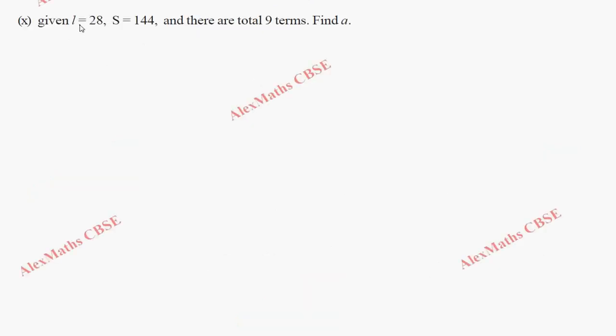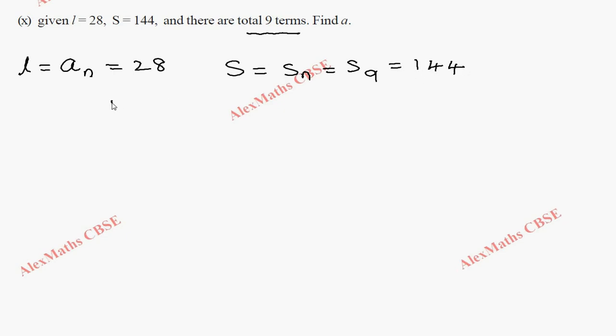Subdivision 10. Value of L is 28. L and An are the same. So L is equal to An, that is equal to 28. S is given as 144 and they say there are total 9 terms. It means S equal to Sn, and since n is 9, it is S9, which is equal to 144, and the value of n is 9.